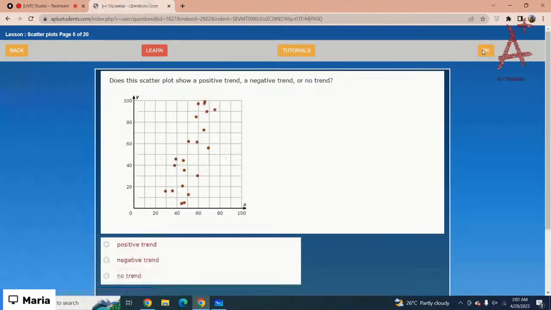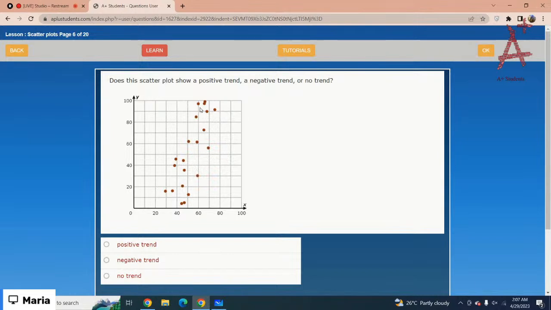Okay. Does this scatter plot show a positive trend, a negative trend, or no trend? Positive trend it is. X values are increasing and y values are also increasing. You can just see the points, carefully see the points. And this one shows no trend. Got it? If you make a best fit line, the points are not so scattered, but they are not along the same line.